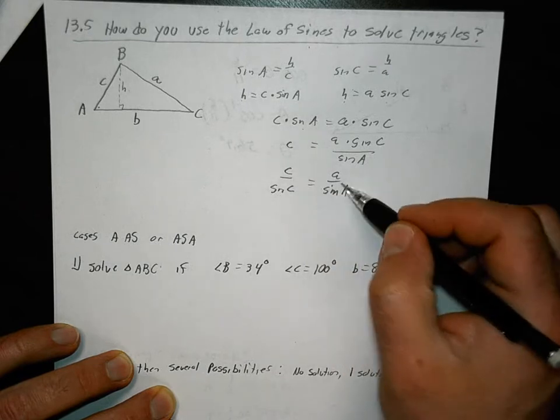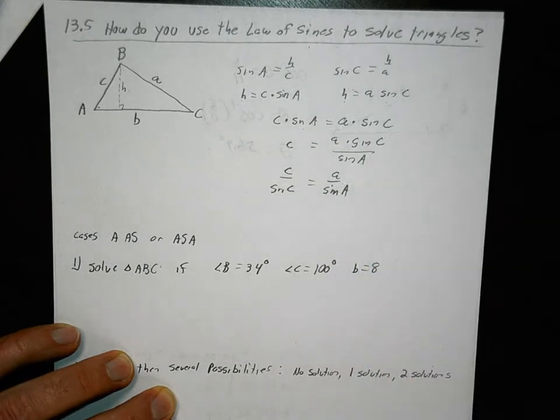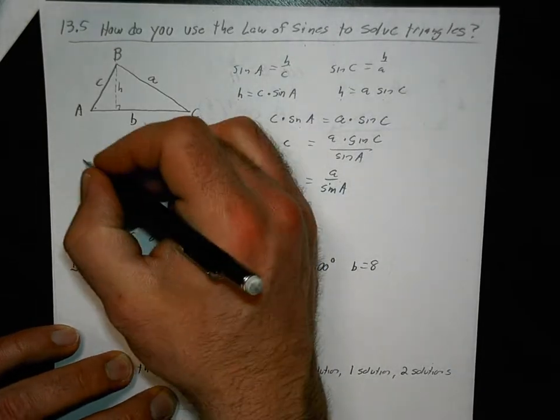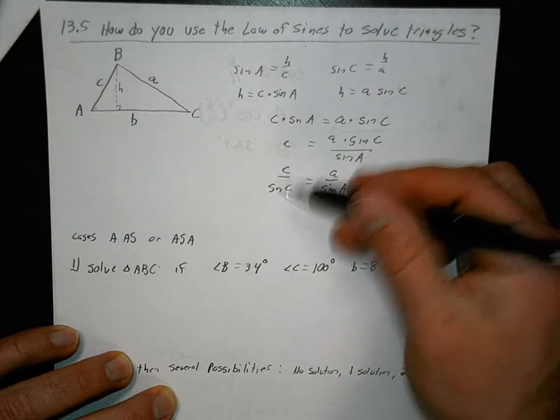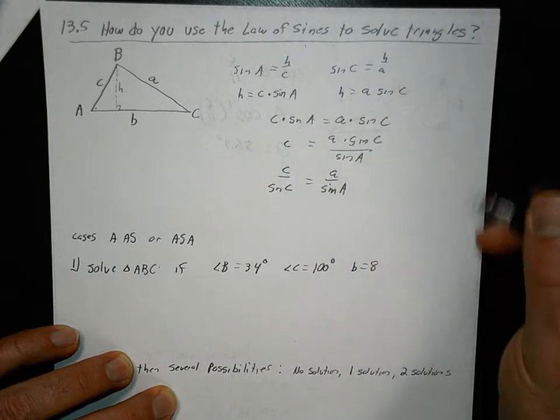So this is part of the law of sines. If you look in your book on page 882, you can see the whole law of sines. They actually have these flipped over, which is the same thing.